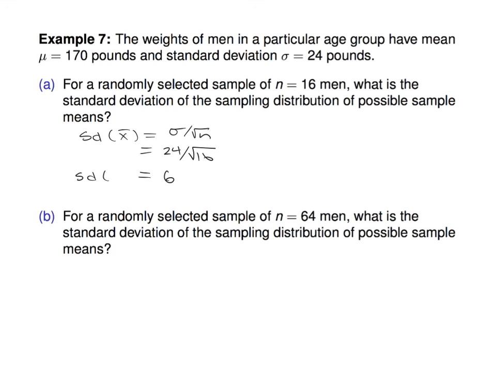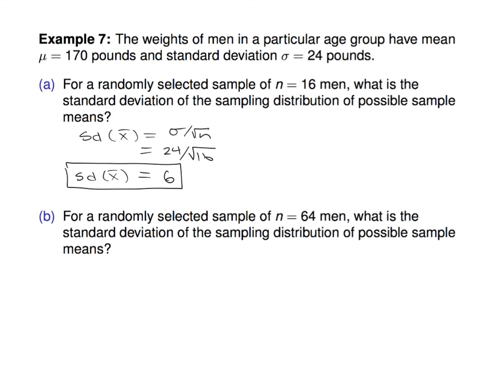So that will be able to tell you, you can use the empirical rule then to find intervals that will contain 68%, 95%, or 99.7% of your sample means. And if you increase your sample size, what's going to happen to this standard deviation?